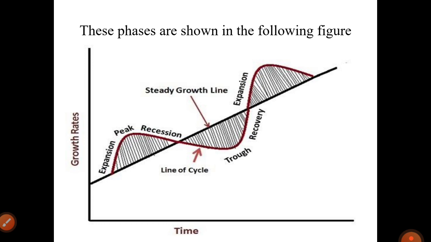If there is employment generation in the economy, obviously the income generation in the economy will also increase. And if there is income generation, the demand for the product will also increase. If the demand for the product increases, it will affect the prices of the product, and the prices will also increase. If the prices of the product increase, the business organization will earn more profit. So at the expansion stage we can see there will be huge investment.